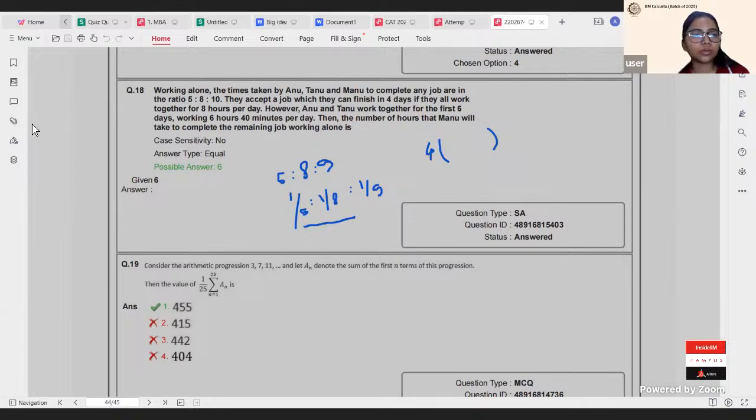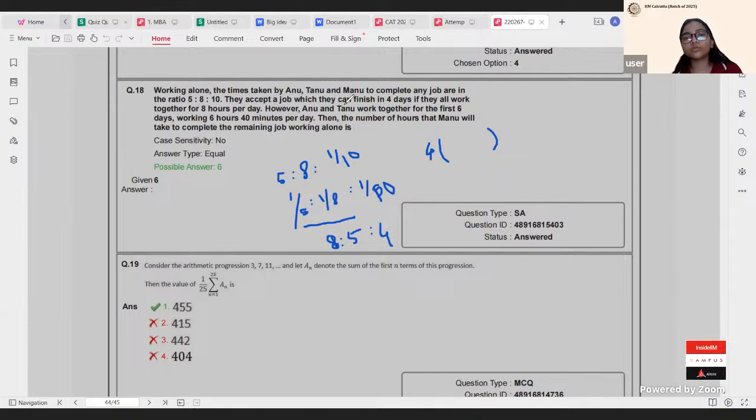Sorry, I wrote this wrong. It should be 10. So the ratio of the efficiencies, if you multiply by 40, will be 8 is to 5 is to 4. So the efficiencies are 8x, 5x, 4x.